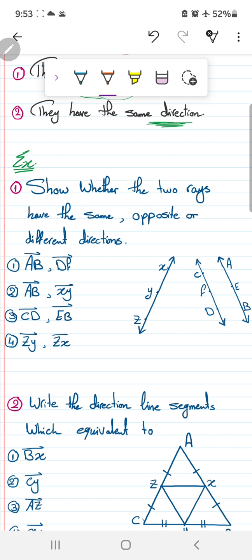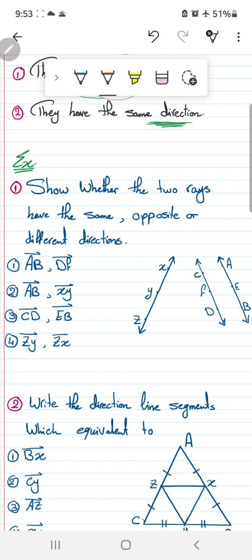If they are in different directions, it will be opposite. If the two straight lines are not parallel, they have different directions. Again, if we have two parallel straight lines in the same direction, we call it the same direction; in different directions, we call it the opposite direction. If the two straight lines are not parallel, they have different directions.